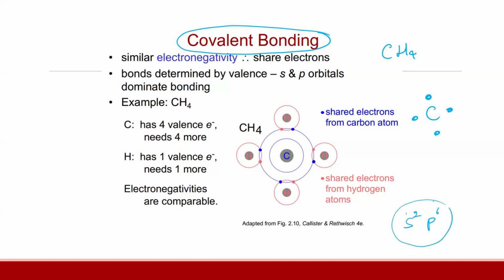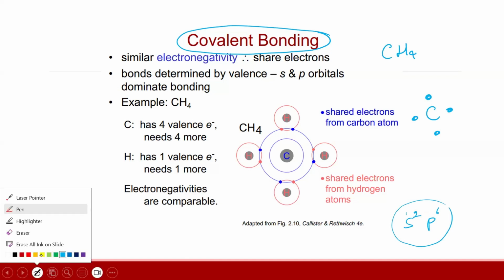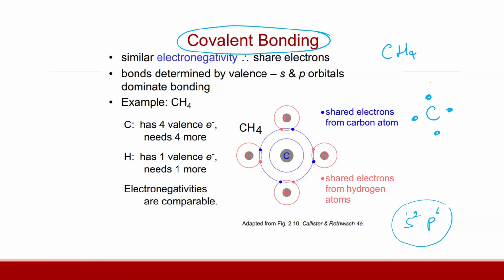So 8 is needed to become fully filled. Hydrogen has one electron in the outermost shell. If hydrogen can get one electron from carbon, then it has two electrons. Hydrogen just has S, and S only needs two electrons to be stable.